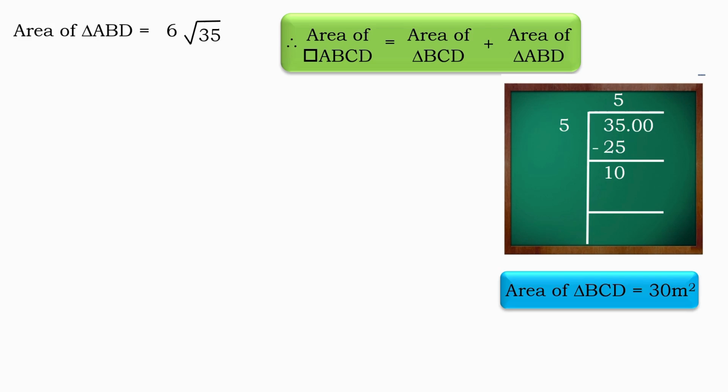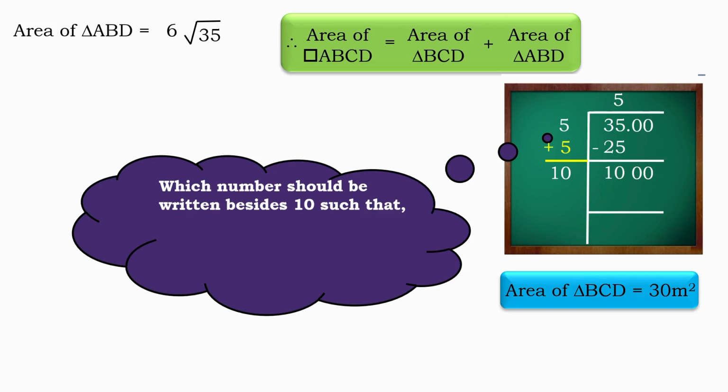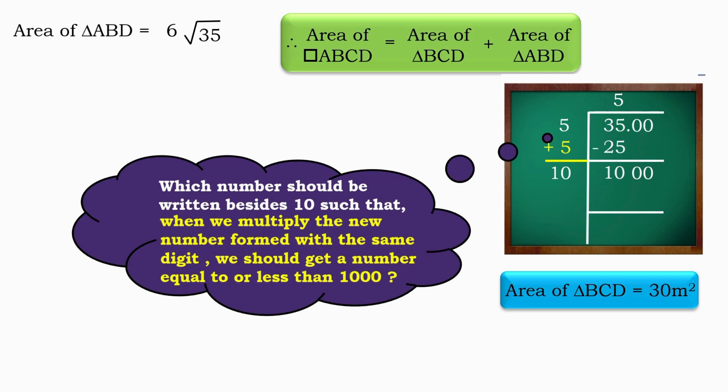Now 5 plus 5 will become 10, and we have to bring down that 0. Now which number should be written beside 10 such that when we multiply the new number formed with the same digit, we should get a number equal to or less than 1000?